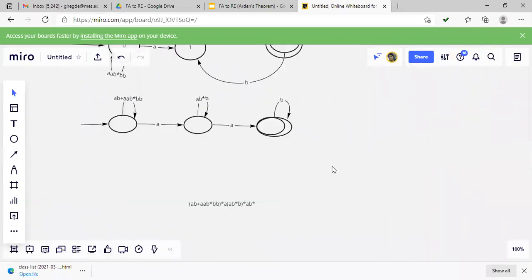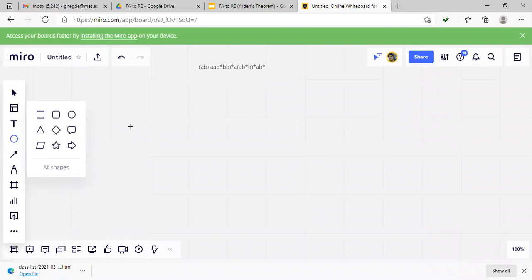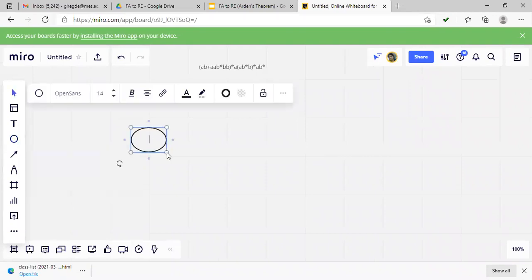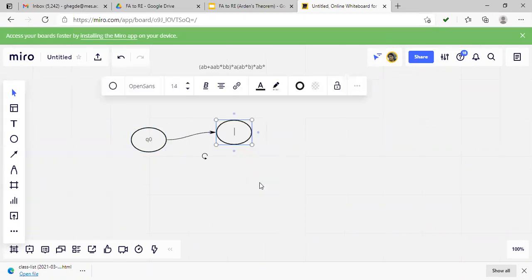We'll solve one more small example and I think we can end today's session after that. Very simple example I'll give you. Another simple example: Q0, Q1.